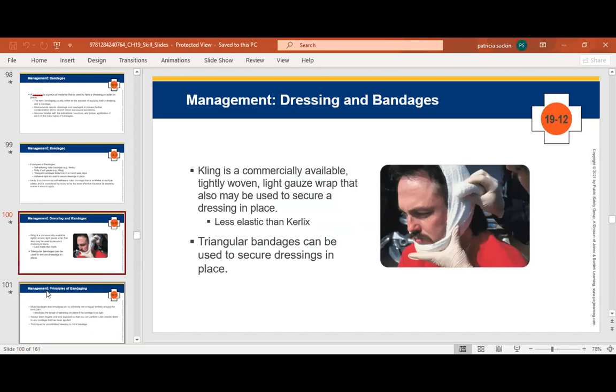Again, there's many ways of doing this and securing it. The bandage and the dressing can become one in this situation. But usually if there's a laceration or a wound on the head, you put the dressing on first and then use this to wrap it and keep it in place. All right, next slide.